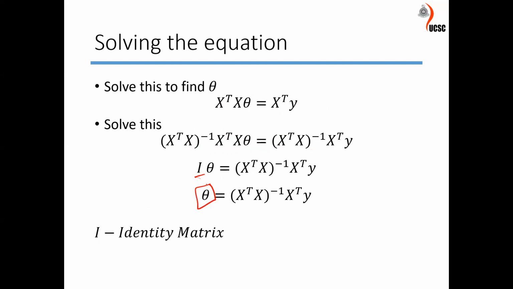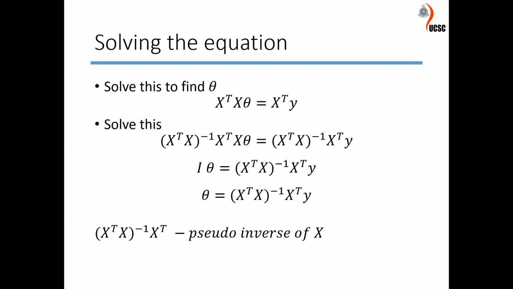Now we have the theta here. On the right side we have X transpose X inverse, multiplied with X transpose Y. If you know these values, then you can simply find the parameters.